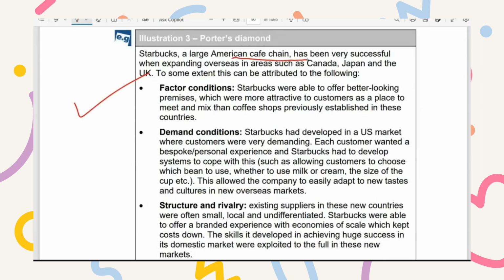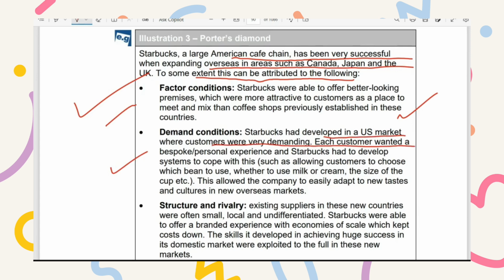Then they have given a Porter's Diamond illustration, with Starbucks as an example. A large American cafe chain has been very successful when expanding overseas, in areas such as Canada, Japan and the UK. To some extent this can be attributed to the following. Factor conditions: Starbucks was able to offer better-looking premises, which were more attractive.